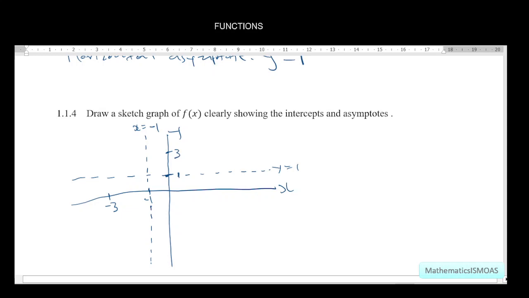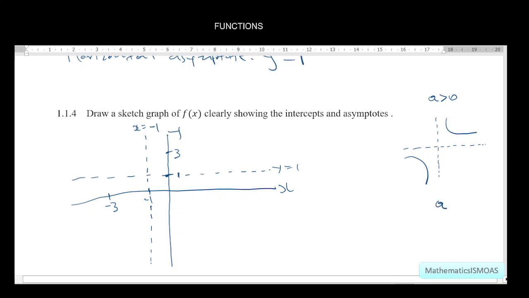How do we determine the shape? Now let's have our two asymptotes where they intersect. Generally, if A is greater than 0, then your graph will lie in the first quadrant of the asymptotes as well as the third quadrant of the asymptotes.